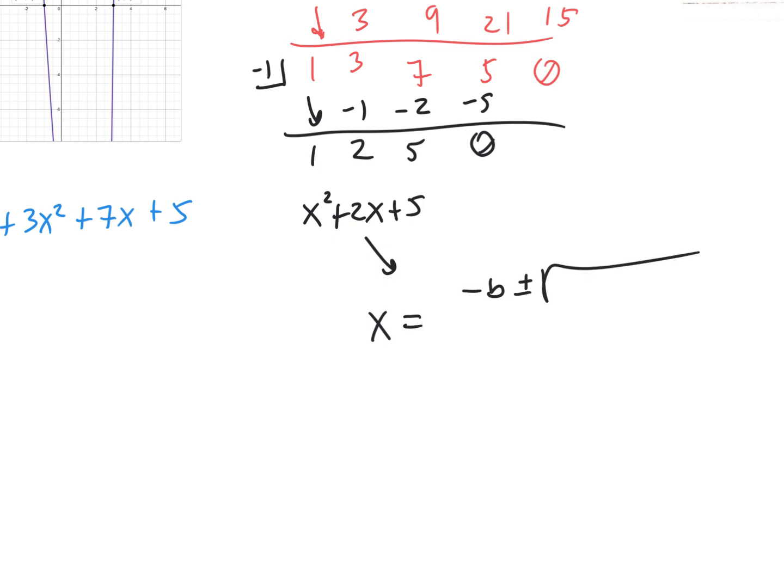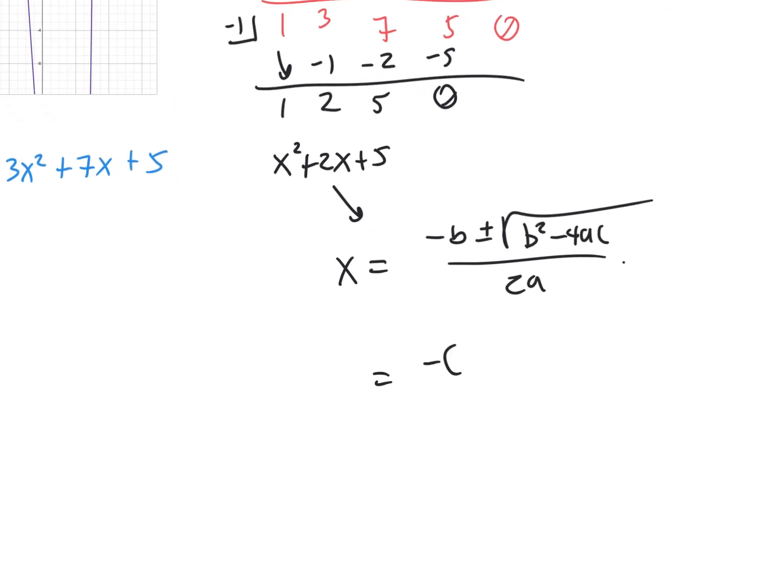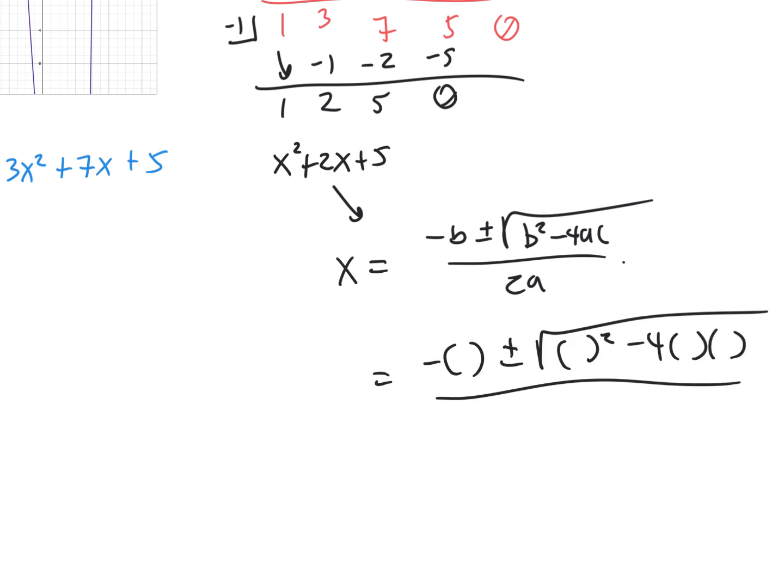So that's going to become this, b squared minus 4ac all over 2a. That would be negative something plus minus something squared minus 4 times something all over 2 times something. The so-called b in this case is 2, the so-called a in this case is 1, and the so-called c in this case is 5.